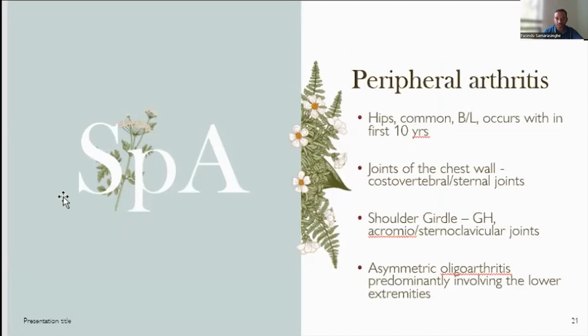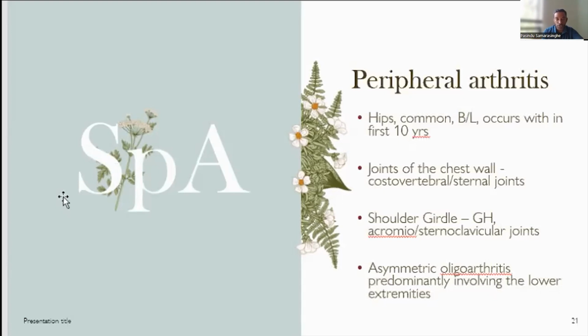So as I said, chest wall joints are involved. These are the costovertebral joints and the costosternal joints. So they can be involved, and then you will have impaired chest expansion, pain, and discomfort. And then the shoulder girdle is involved, the glenohumeral joint, the acromioclavicular and the sternoclavicular joints.